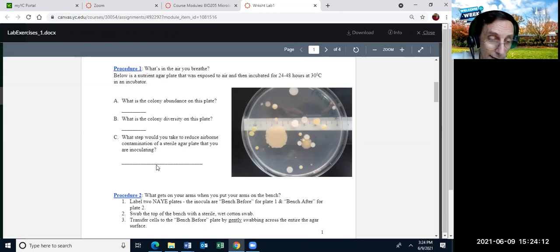Another thing is I consider the lab to be a training exercise. And so when I grade it, I will tell you procedure 1, step B is not correct. And then you will have a few days to submit a correction.